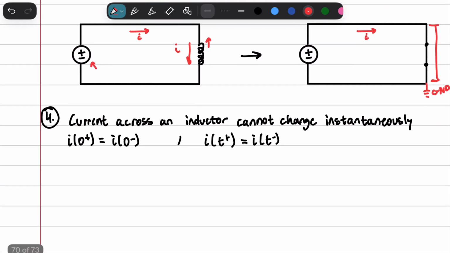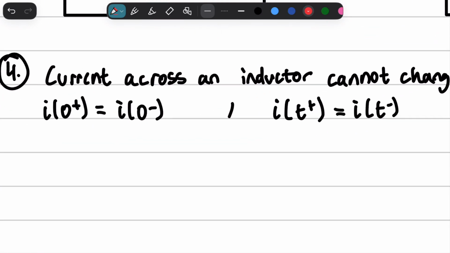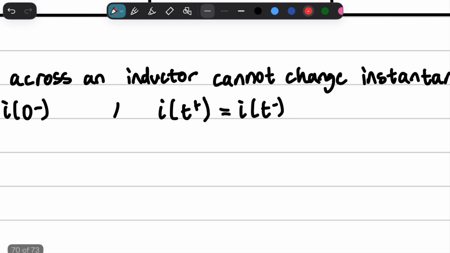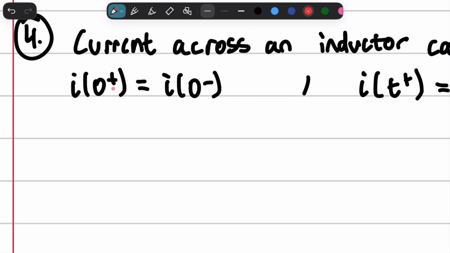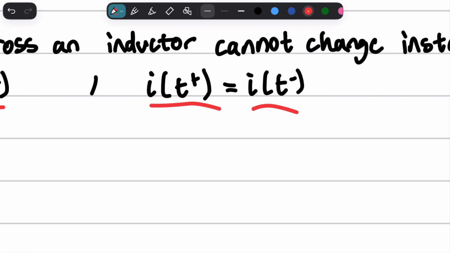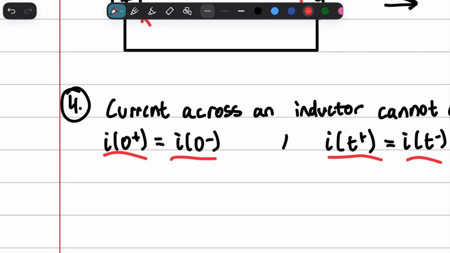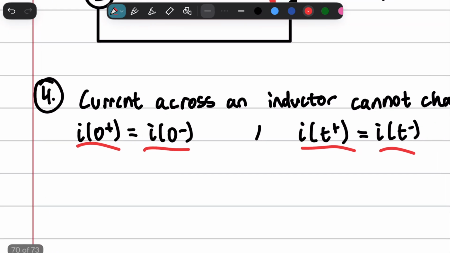Okay? And finally, number 4, current across an inductor cannot change instantaneously. So the limit exists between 0 plus and 0 minus, or more generally t plus and t minus if you're not stationed at 0, but for our intents and purposes, we are going to be centered along 0 for the entirety of this intro stuff, or at least that's how I was taught.